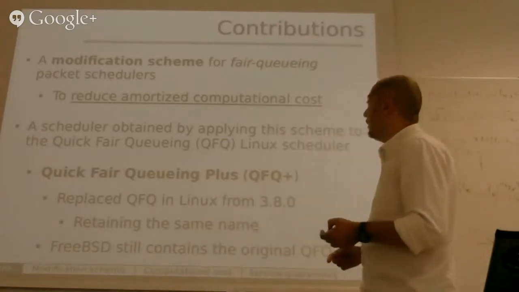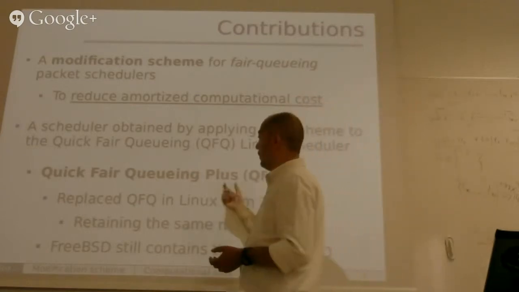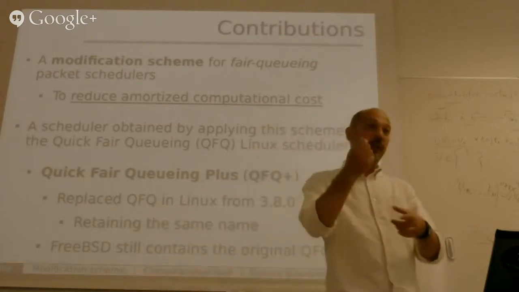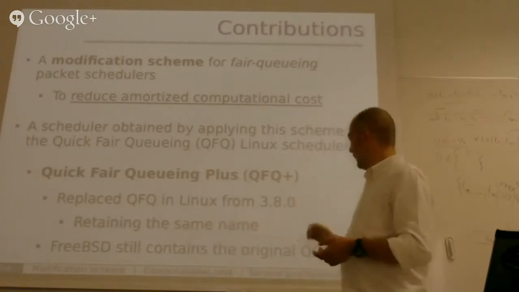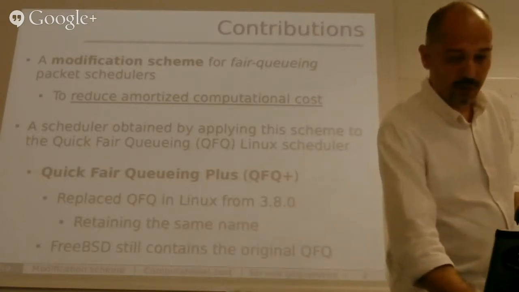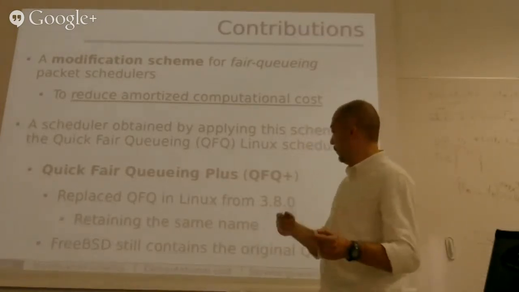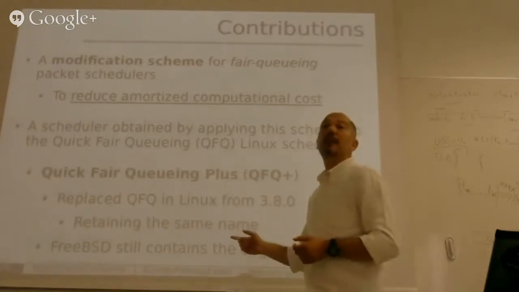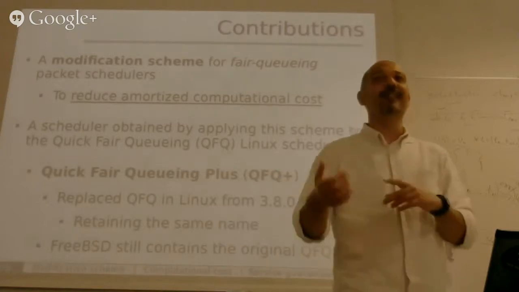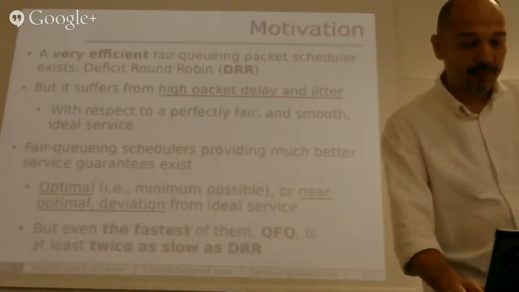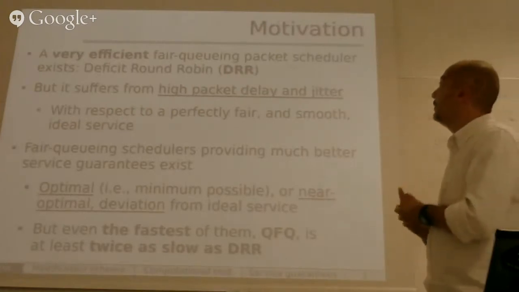Then I had this idea of this modification scheme, so I defined this new version with a lower computational cost, and it replaced the original scheduler in Linux, while in FreeBSD there is still the original one. One thing which will become useful later: the name is the same. In Linux, the scheduler is QFQ+, but the name of everything, the file and so on, is still the previous one.